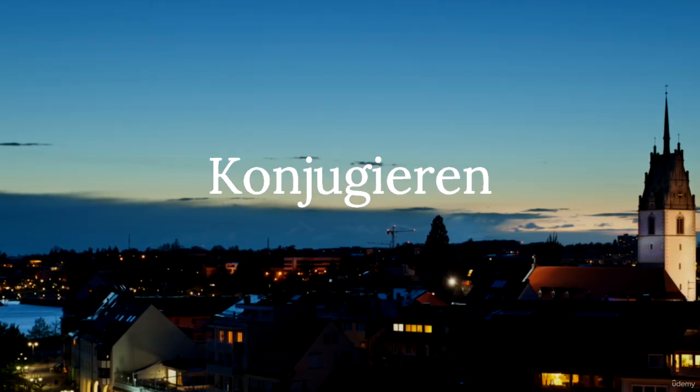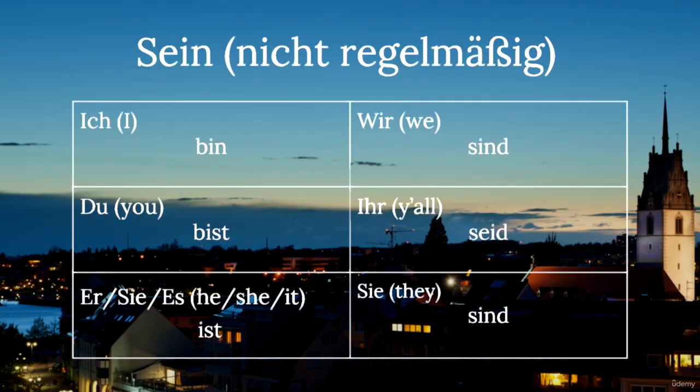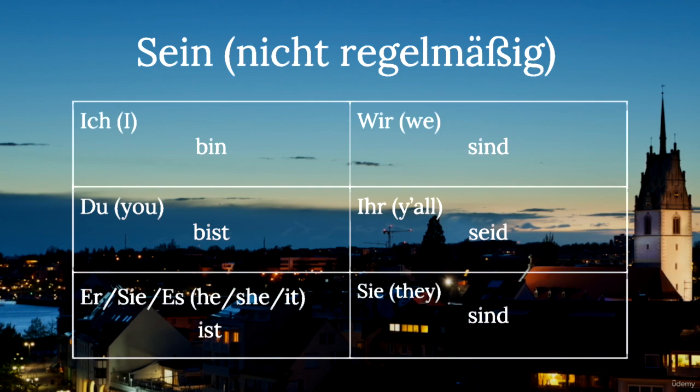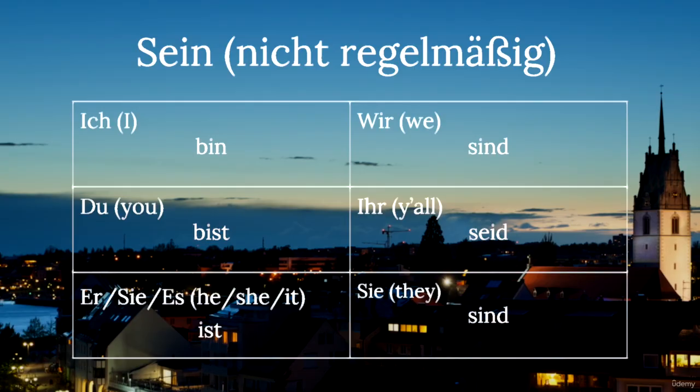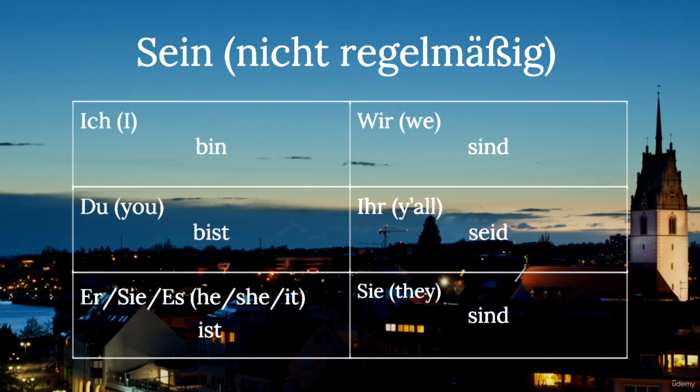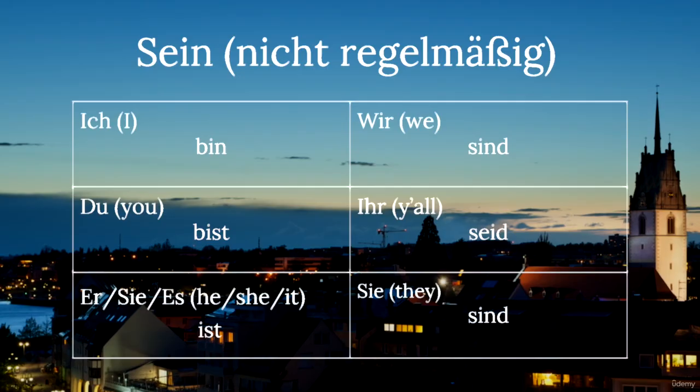Okay, now let's see how we can use those verbs. The verb sein, just like the English verb to be, is not regular. Nicht regelmäßig. In German you say ich bin. Du bist.